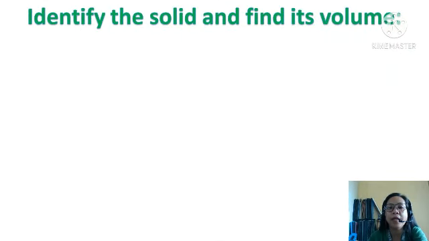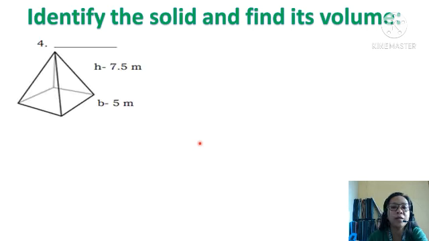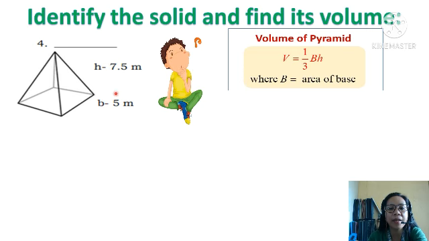Another solid and how to solve for the volume. What solid is this? This solid figure is, yes, pyramid. And what kind of pyramid? Tingnan natin, yung base niya ay isa lang ang data na binigay. It's only 5 meters.